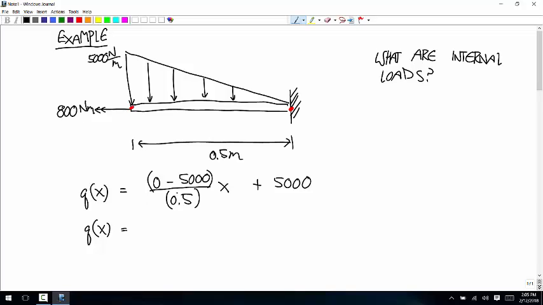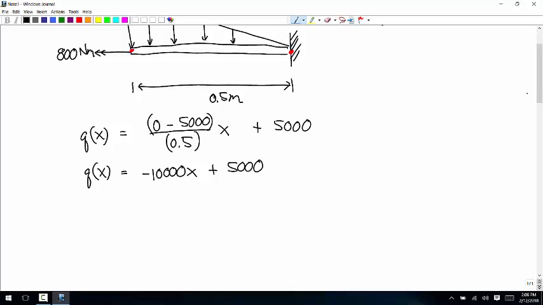So the distributed load function is negative 10,000x plus 5,000. And now we can do our one cut.